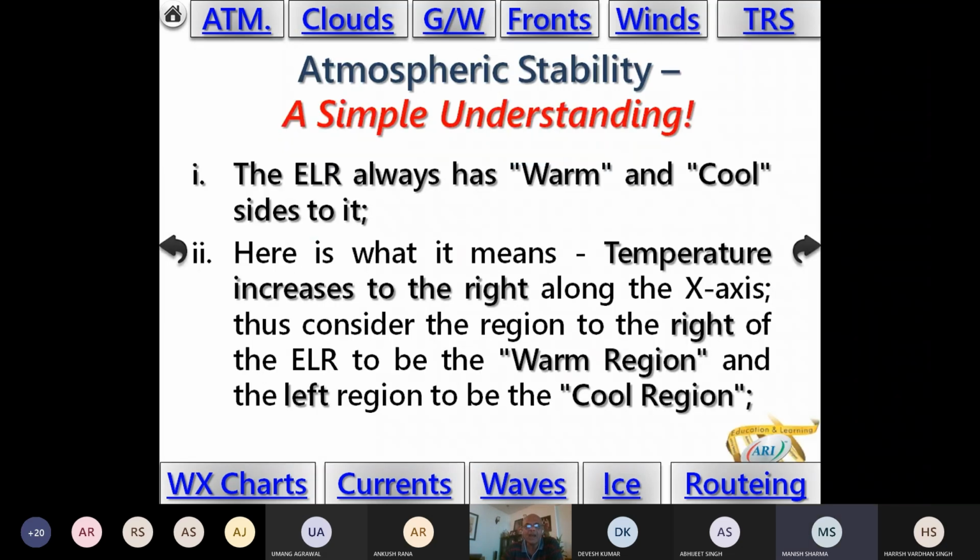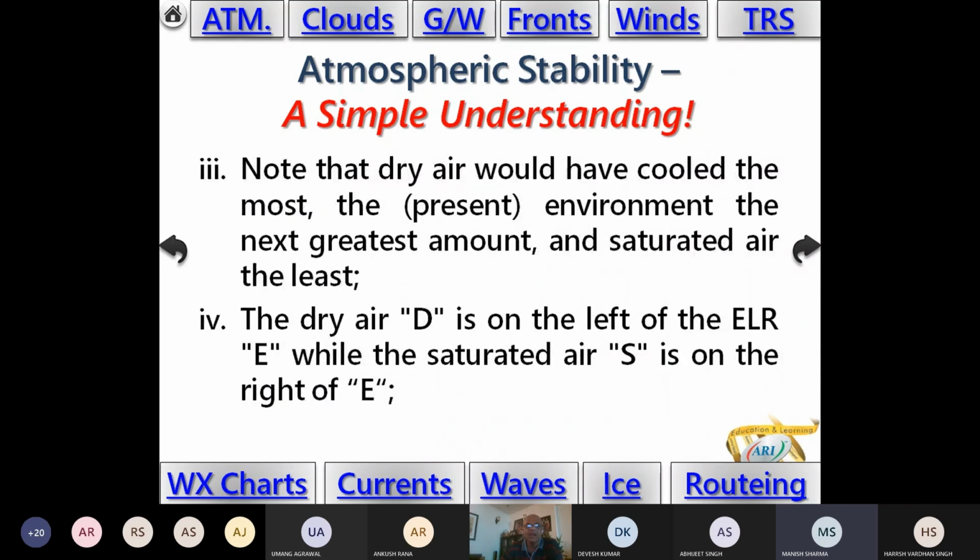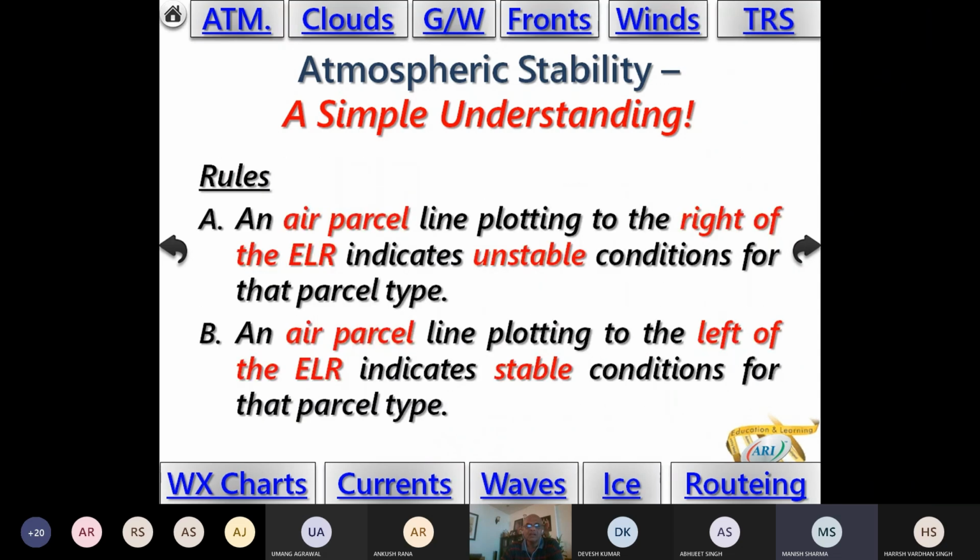Now, this is what I said. An air parcel line plotting to the right of ELR indicates unstable condition because that air is warmer, expands, rises, creates havoc.